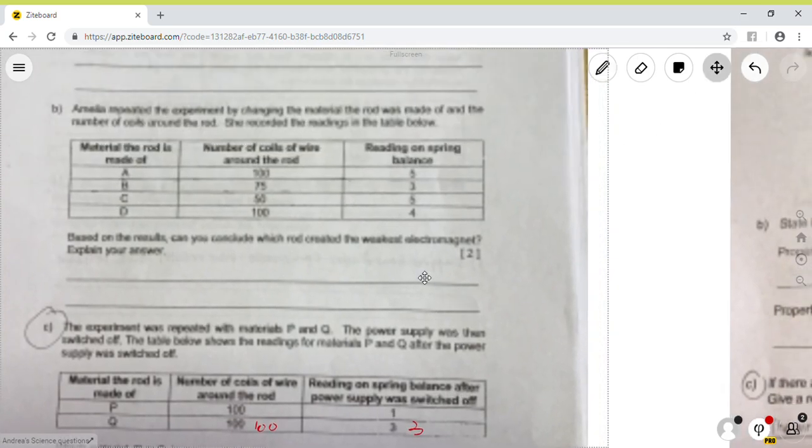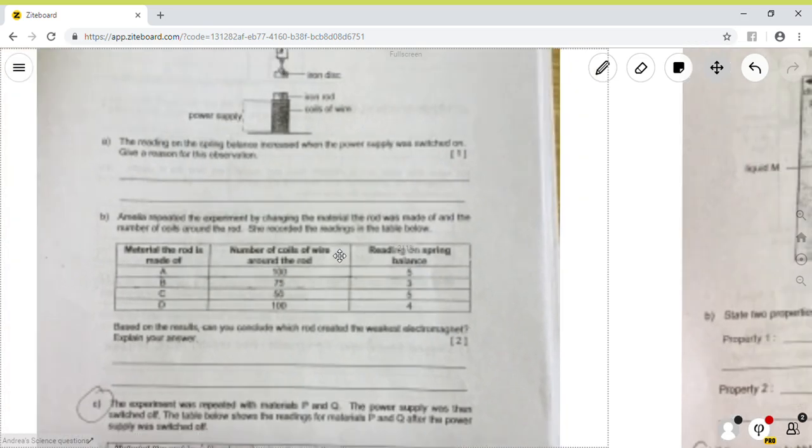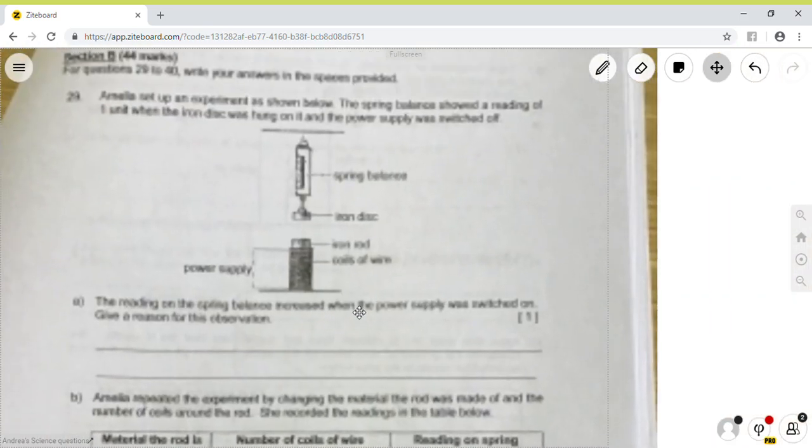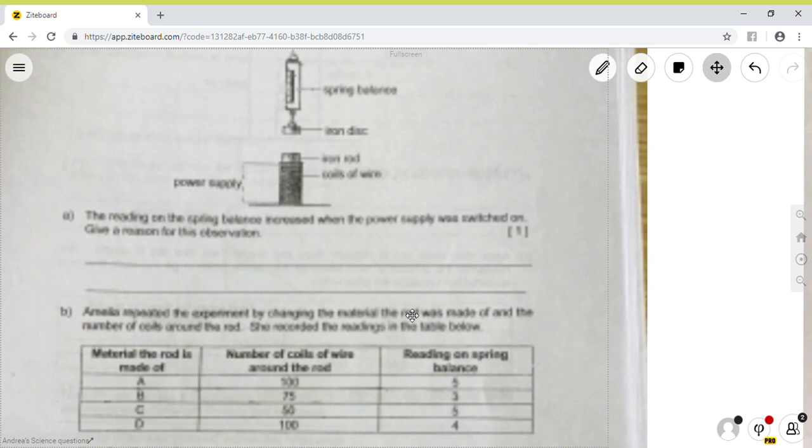Okay, so the reading on the balance. We want the spring balance. If it's an electromagnet, that means it will attract. So the reading on the spring balance, the lesser the better.